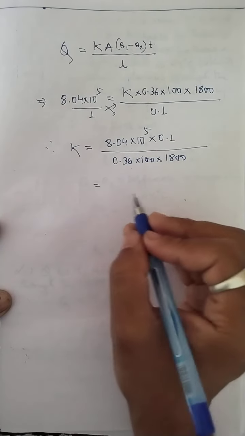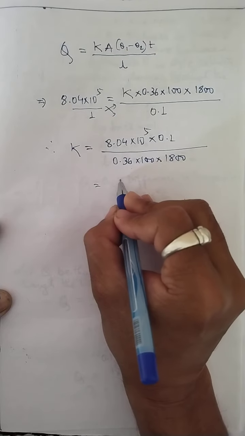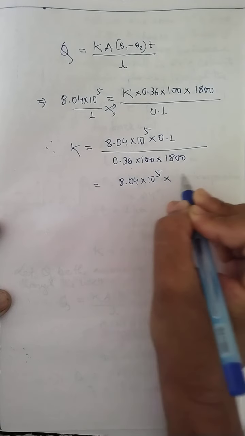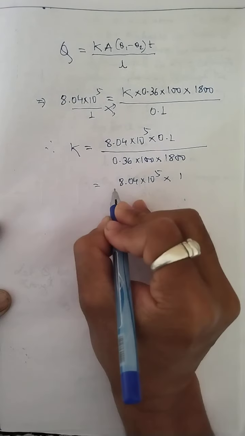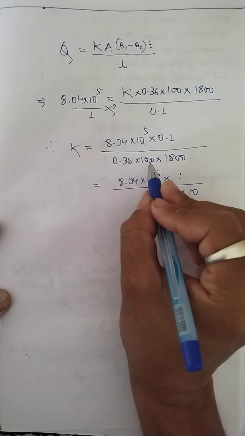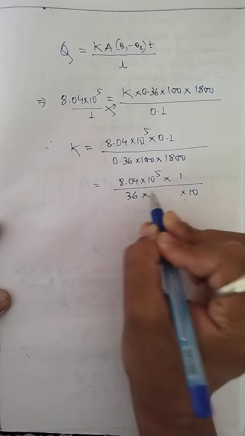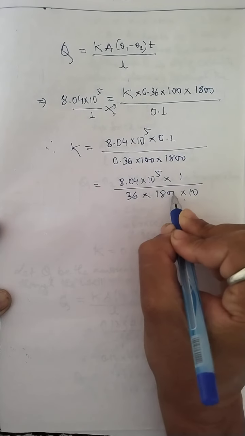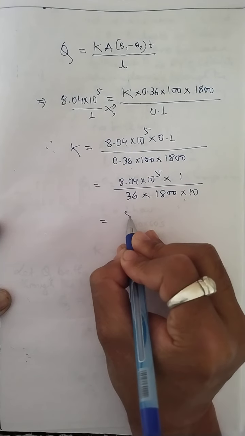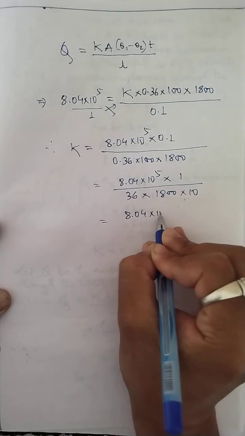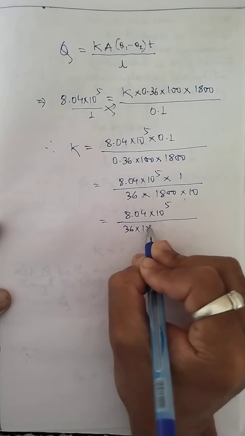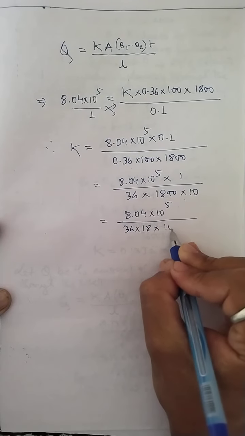Let me do the calculation. It is 8.04 into 10 to the power 5 into 1 by 10 in the denominator. Now 0.36 into 100 means 36, into 1800. There are already 3 zeros in the denominator, so 8.04 into 10 to the power 5 by 36 into 18 into 10 to the power 3.